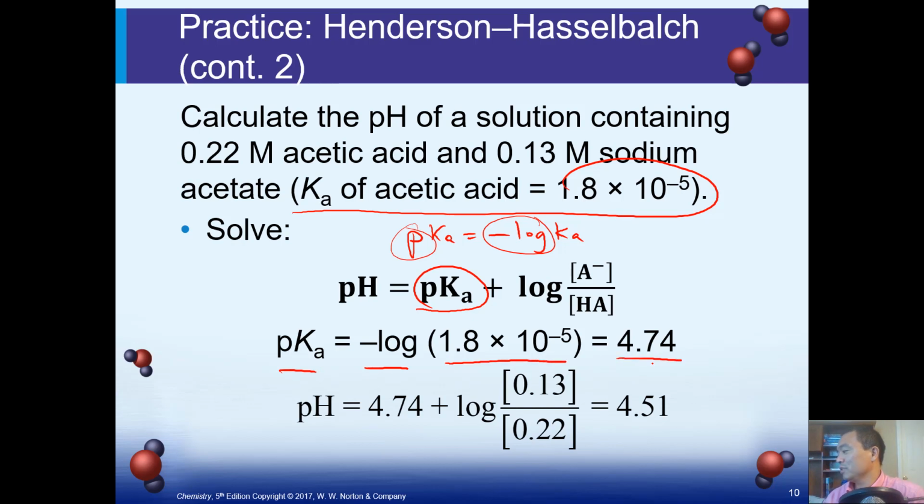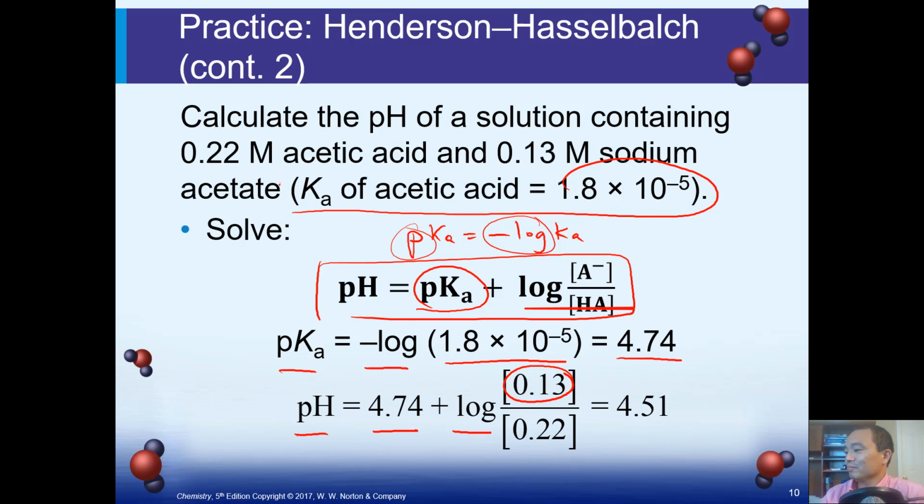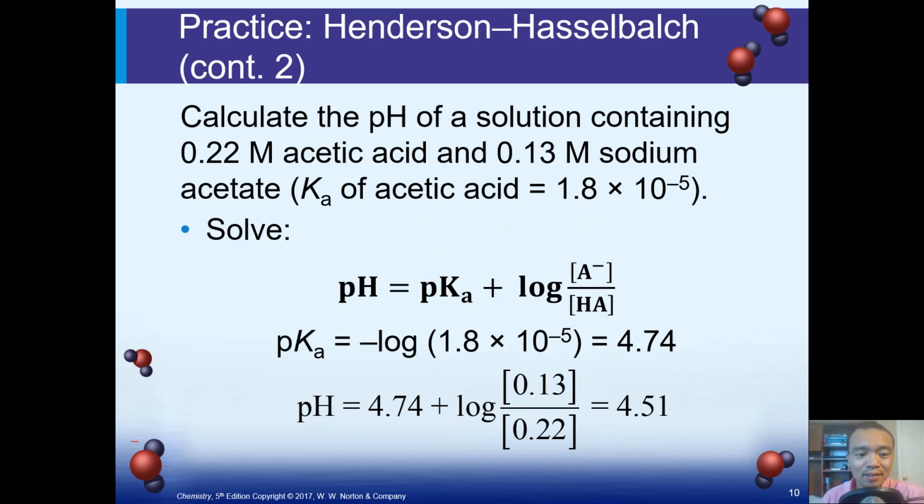This gives you 4.74. Then you substitute the numbers into the Henderson-Hasselbalch equation. pH will be pKa plus log of the base component, which is the acetate, divided by the concentration of the weak acid. This gives you 4.51.